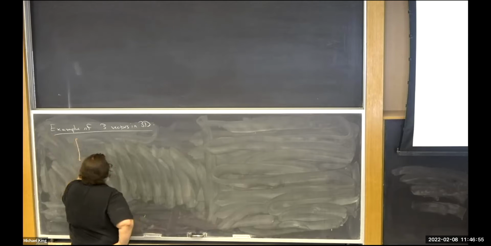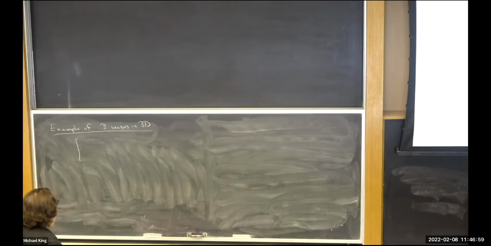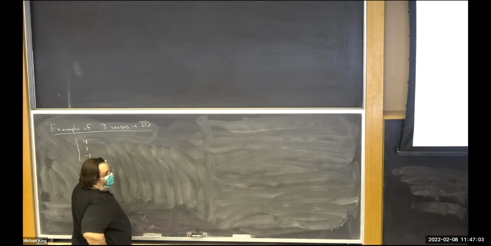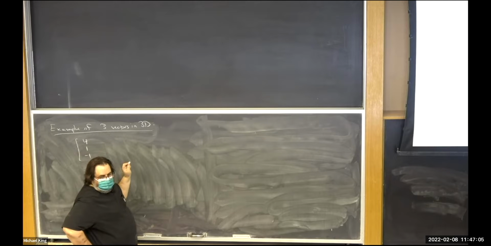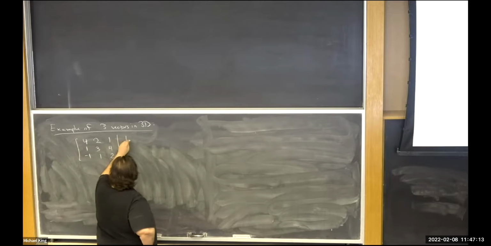I'm just going to make that matrix: 4, 1, negative 1. What's the V2 vector? I can't really see from here. Someone read it to me. 2, 3, 1. And the last one? 1, 4, 2. Okay, and then we augmented that with a generic column, right?